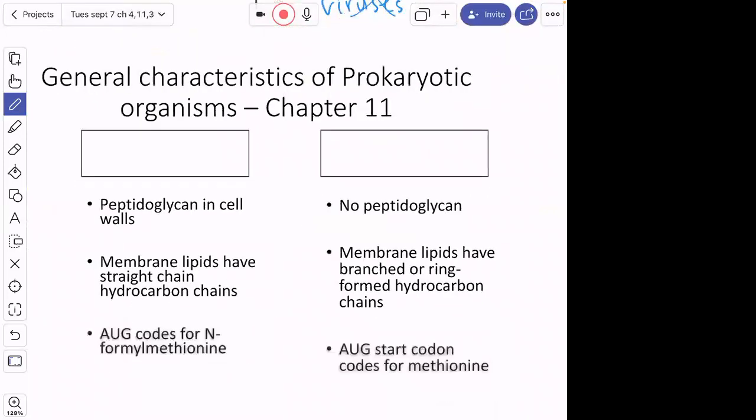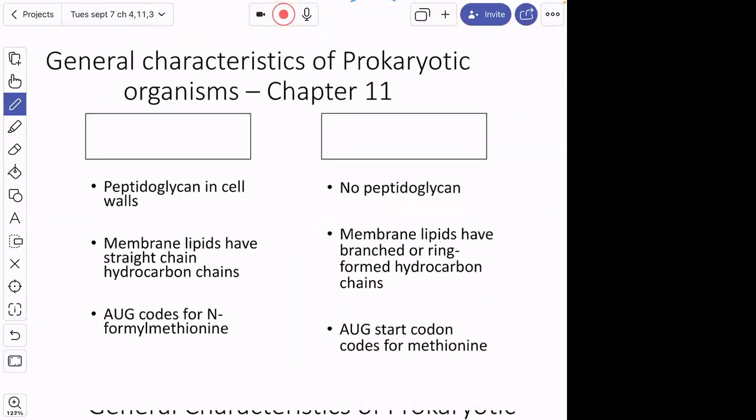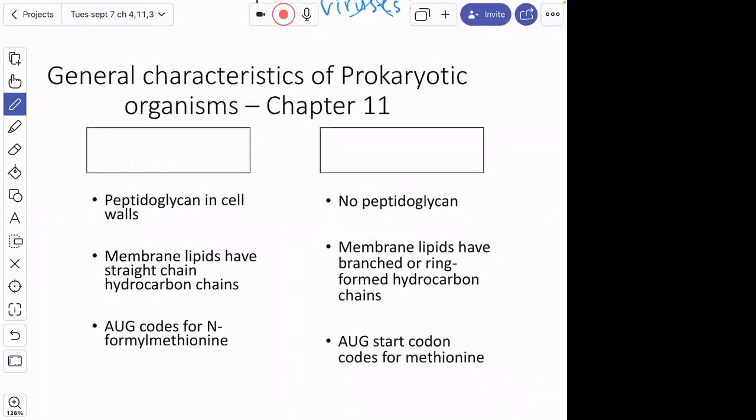All right, so that kind of leads us into thinking about what kind of characteristics we use to classify organisms, and talking a little bit more about the ones that we can easily see, or maybe say easily with a microscope anyway. In chapter 11, we're just going to dip into a few pages, where it talks about general characteristics of prokaryotic organisms.